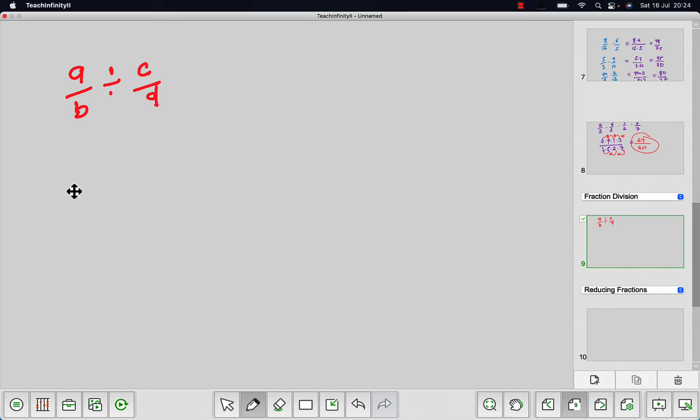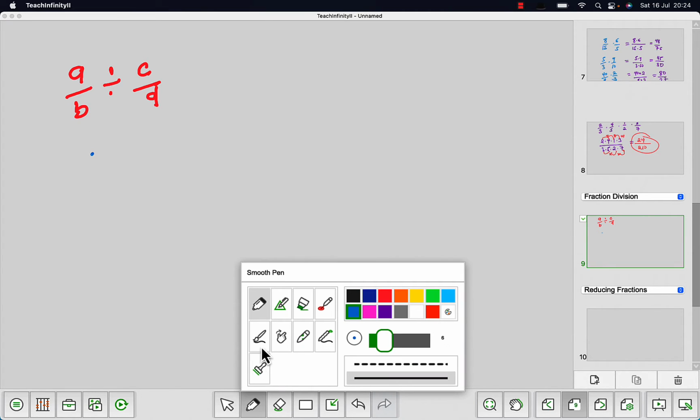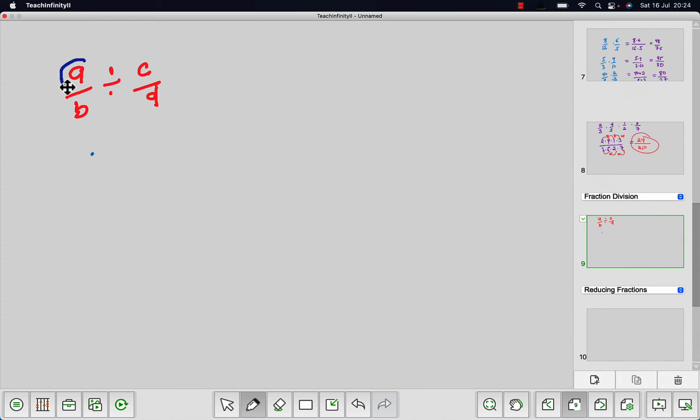Okay, so let's look at it. I have this one. Per the concept we did before, in this fraction this is the numerator, this is the denominator, d. This is the numerator, and this is the denominator, d, right?